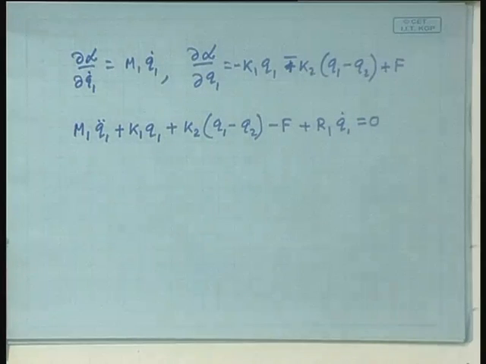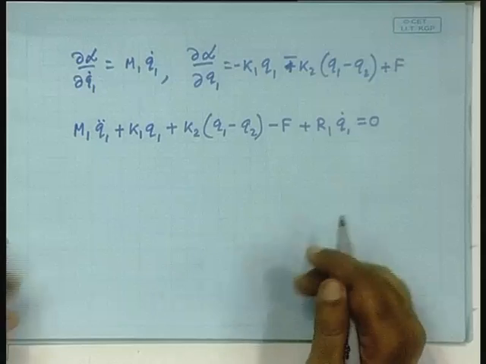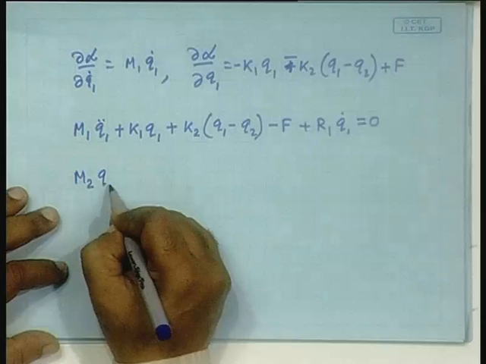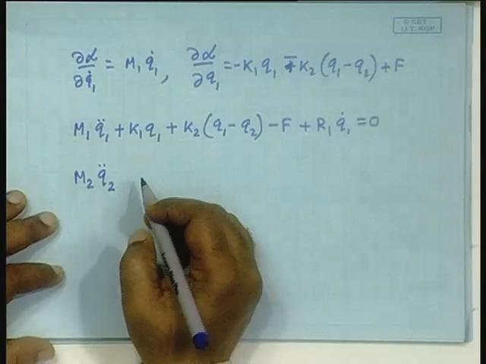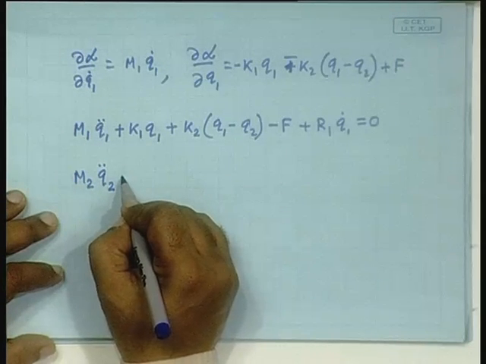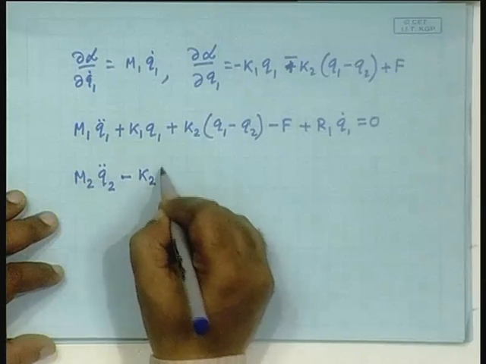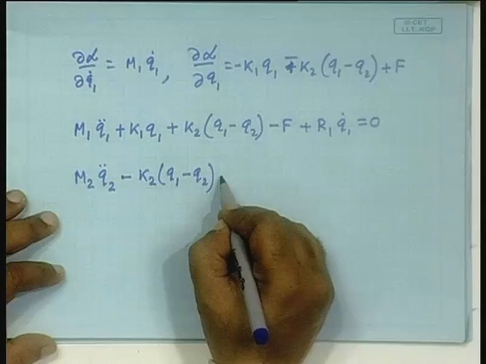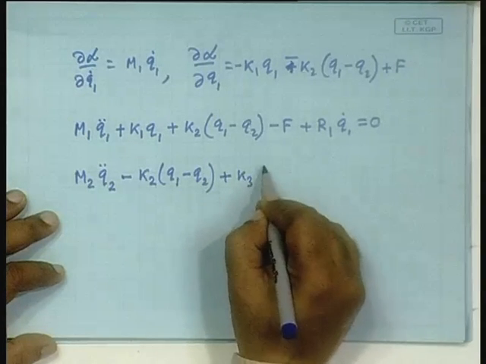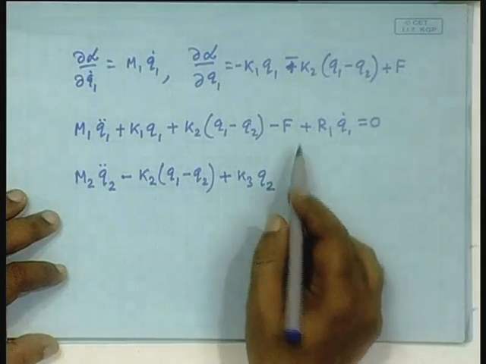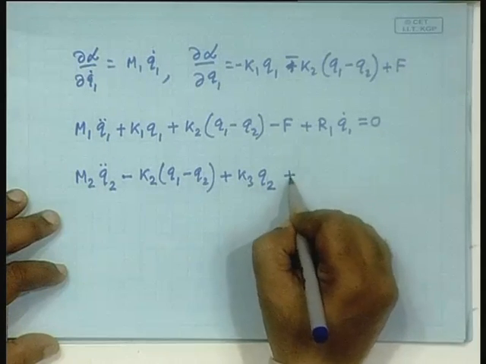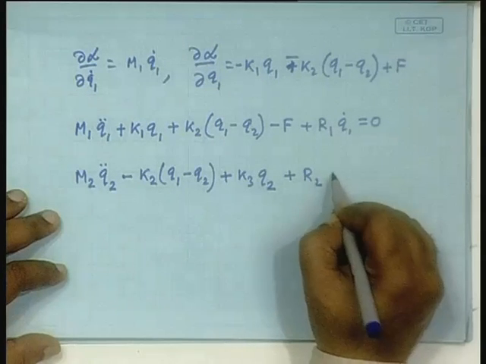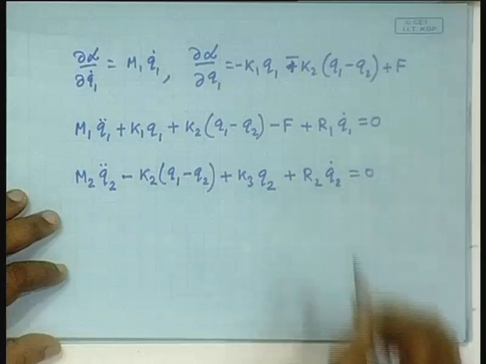Now, let us see, is it right? First, let us write down the second equation also. The second equation would be m2 q2 double dot minus k2 (q1 minus q2) plus k3 q2, this will not be there, then plus r2 q2 dot.